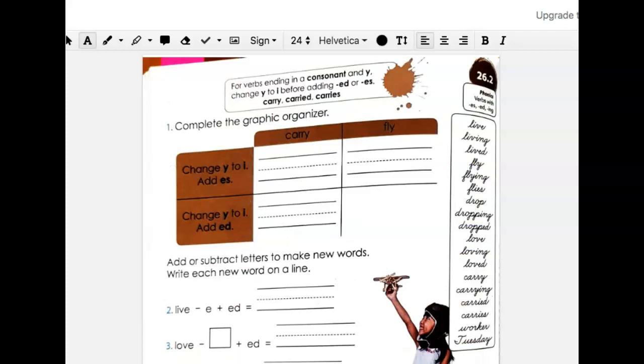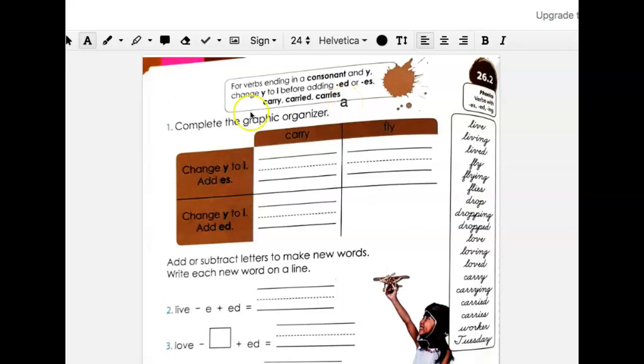On page 102, we have our next spelling rule. For verbs ending in a consonant and Y, change Y to I before adding ED or ES. For example, the word carry is a verb ending in a consonant R and Y. So we have to change Y to an I before adding ED or ES.